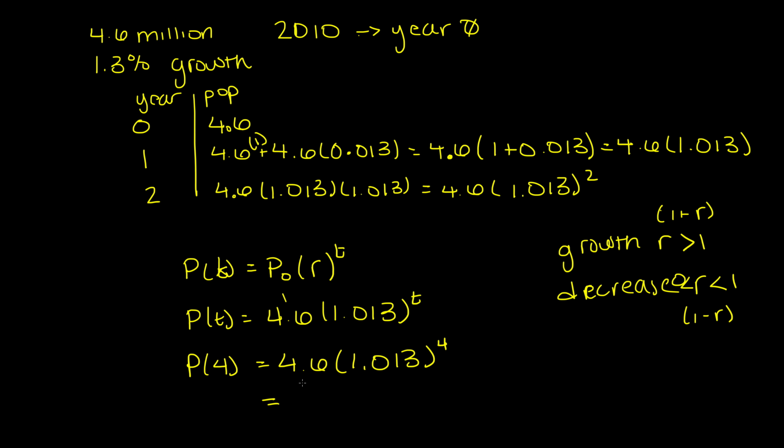So 4.6 times 1.013 to the 4th power, I get 4.84 million people.